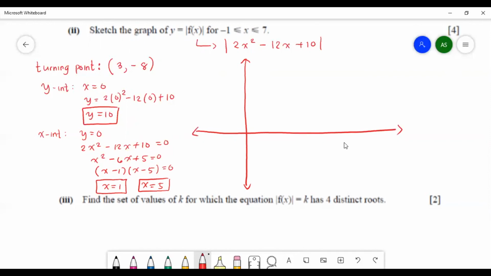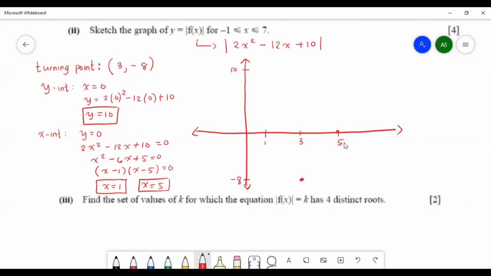So we have, let's say x equals 1 is here, 3 will be here, and then we have a 5 somewhere here, right? And then when x equals 0, y is equal to 10. We just put it like that. And then when x is equal to 3, y is equal to negative 8. So we have this information.